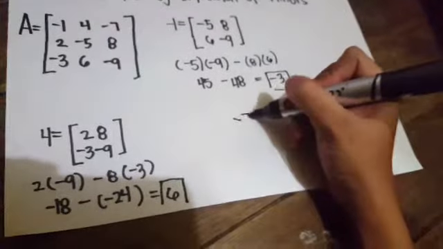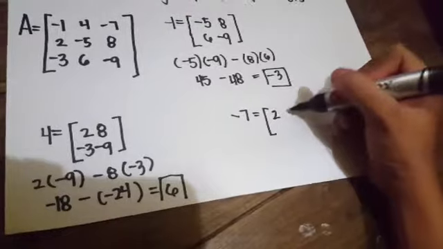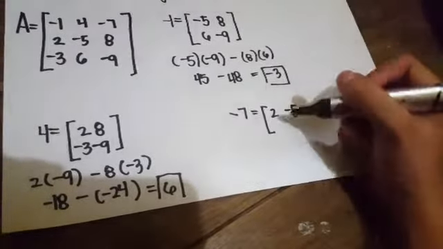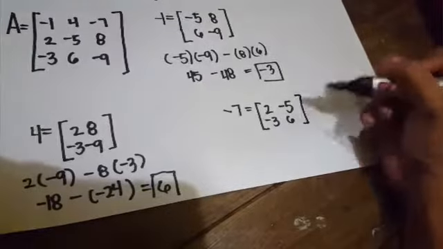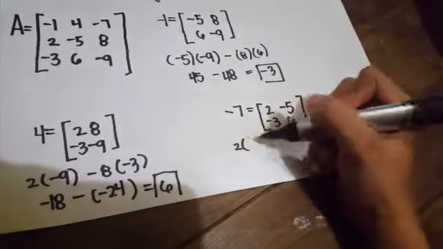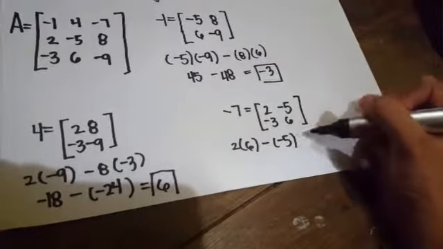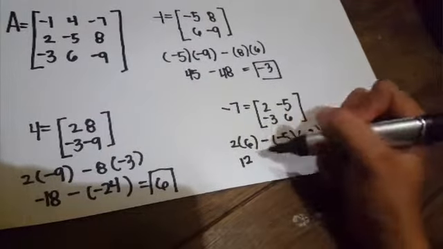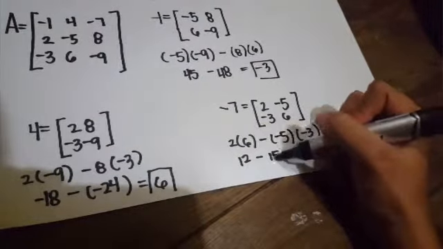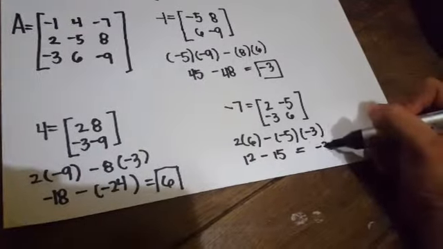For -7, the remaining entries are 2, -5, -3, 6. Cross multiply: 2 times 6 minus -5 times -3. 12 minus +15 equals -3.